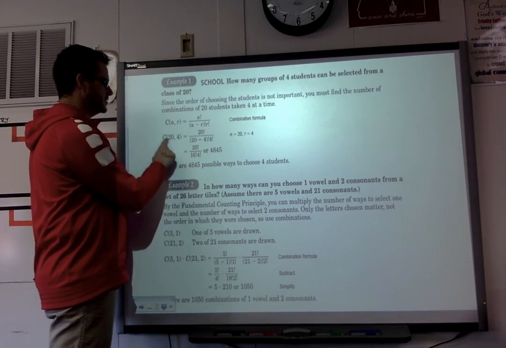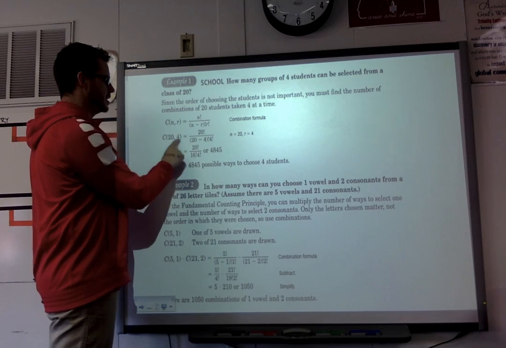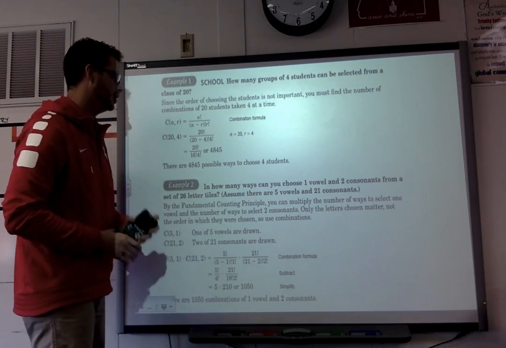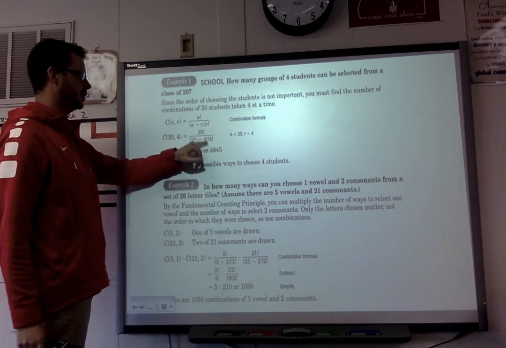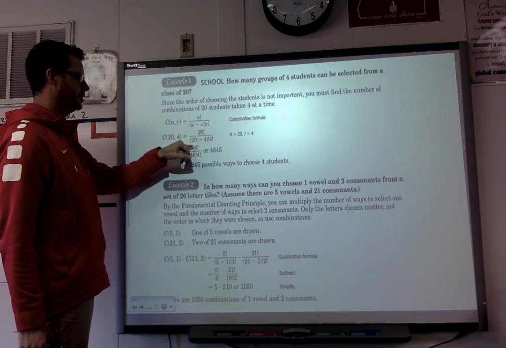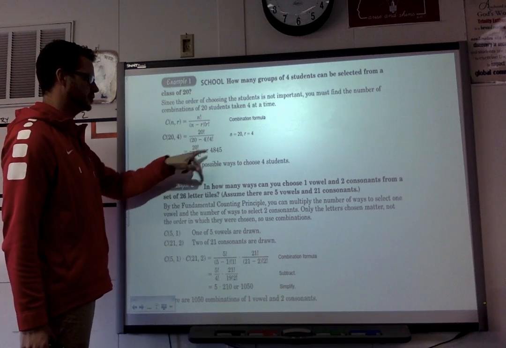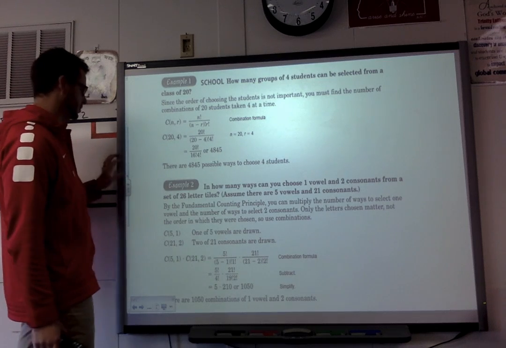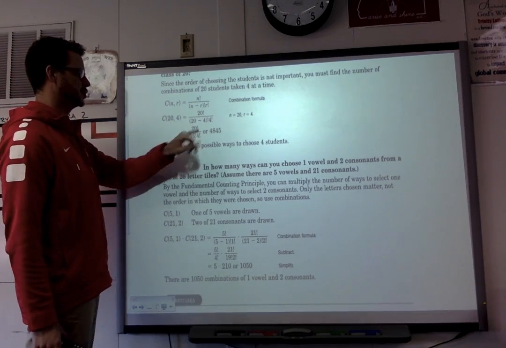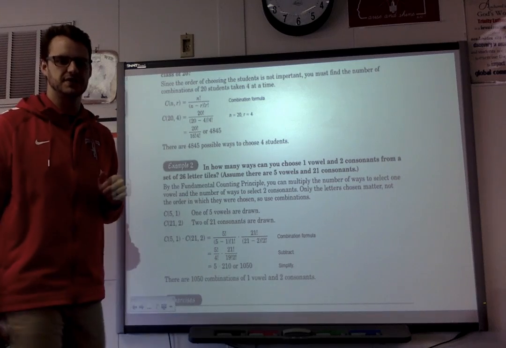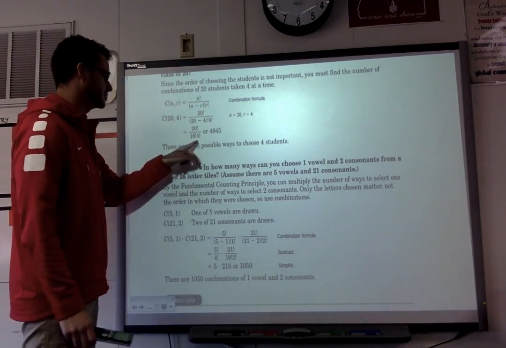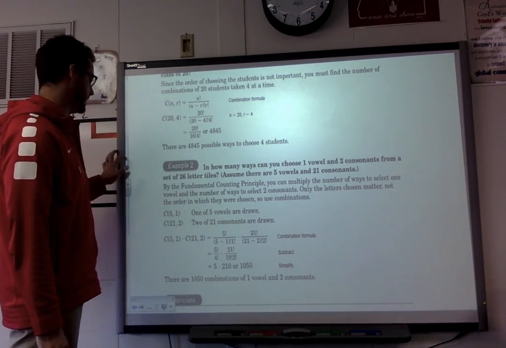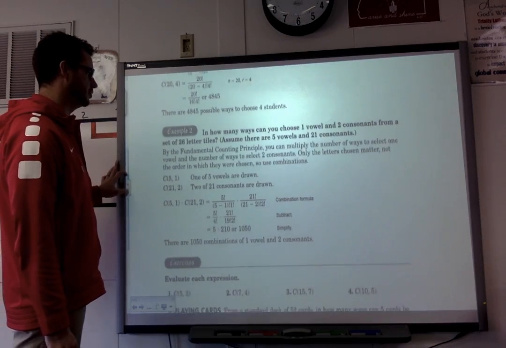And we have 20 total, comma, the number taken at a time, which is 4. So plugging it into our equation, 20 factorial over 20 minus 4 factorial times 4 factorial, which would then become 20 factorial over 16 factorial times 4 factorial, 4,845 possible ways.